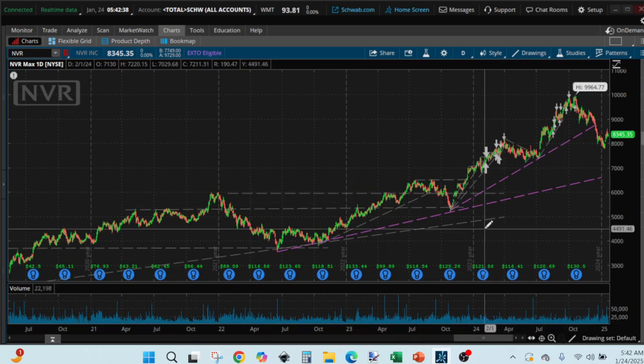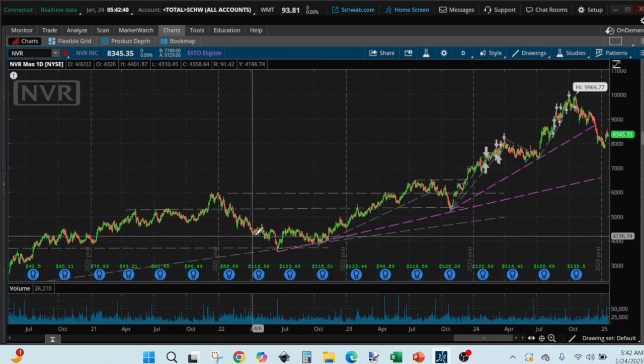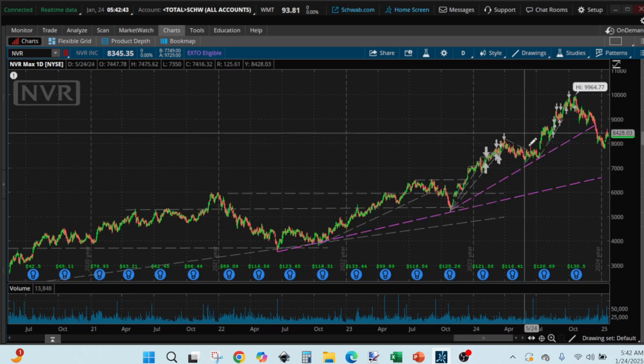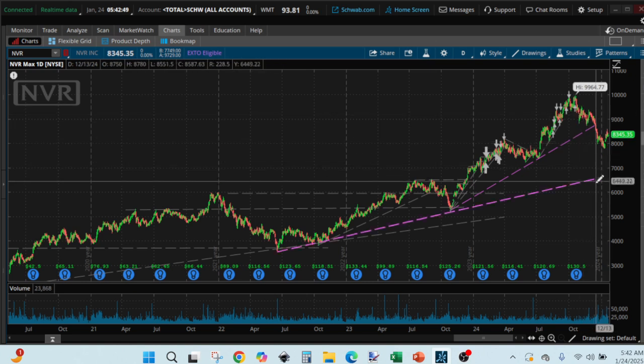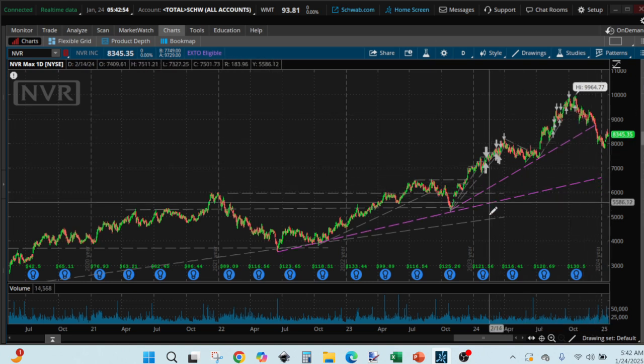Because it makes a wide mountain, it could just be making a wide one. So we bought it then, and it pulled back. We don't know if it's going to come back down to this trend line before it starts going up again.